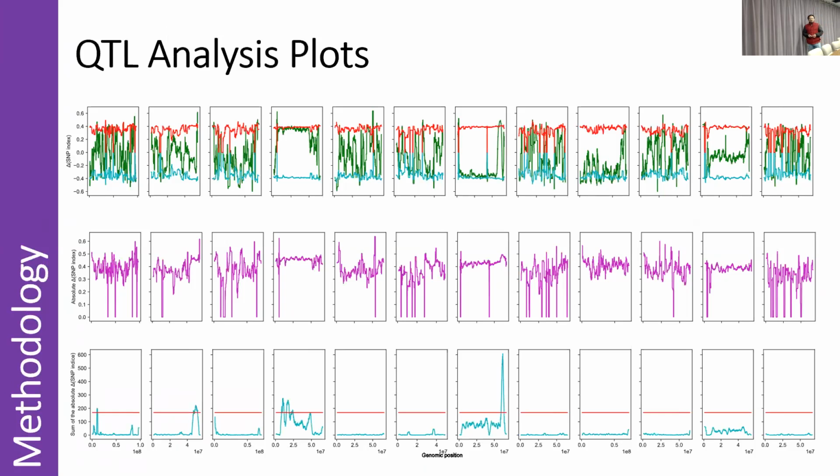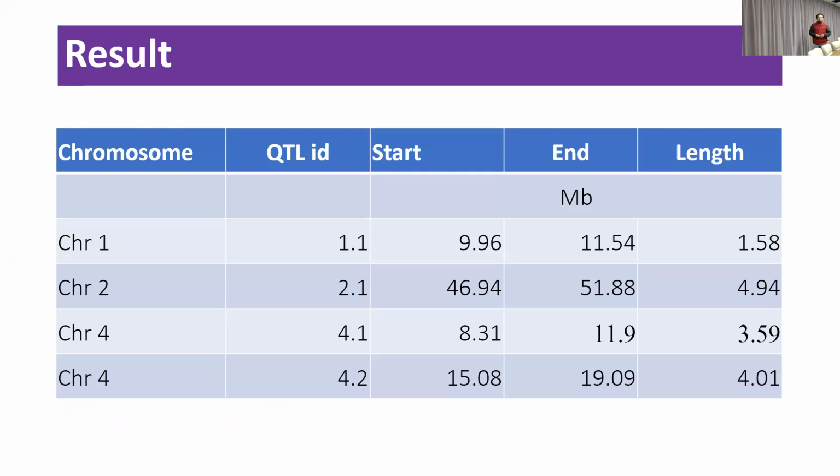So we want to say that we were able to discover novel genes or novel QTLs in chromosomes 1, 2, and 4. So our conclusion is that we found 4 QTLs. 1 QTL in chromosome 1, which started at 9.96 MB and ended at 11.54, and the total length is 1.58.